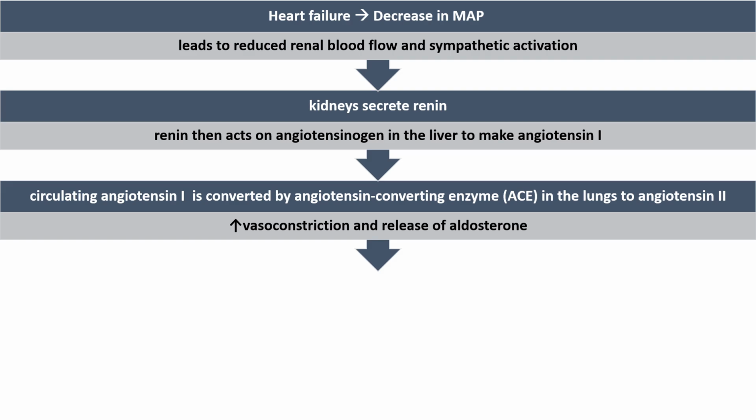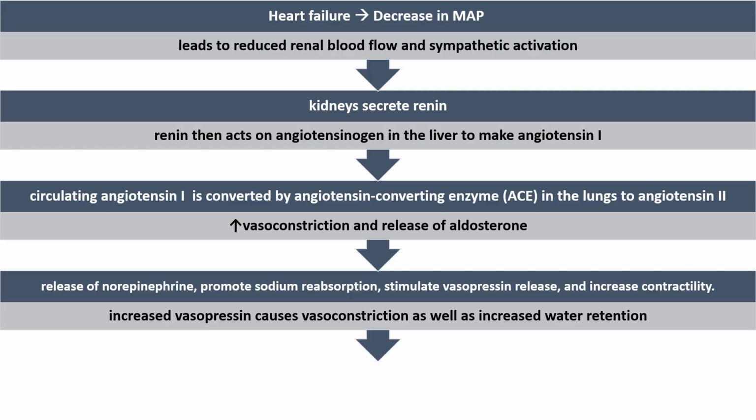Circulating angiotensin 1 is converted by angiotensin converting enzyme, or ACE, in the lungs to angiotensin 2, which will lead to an increase in vasoconstriction and release of aldosterone and the release of norepinephrine. This will all promote sodium reabsorption, will stimulate vasopressin release, and as a result, there is an increase in contractility.